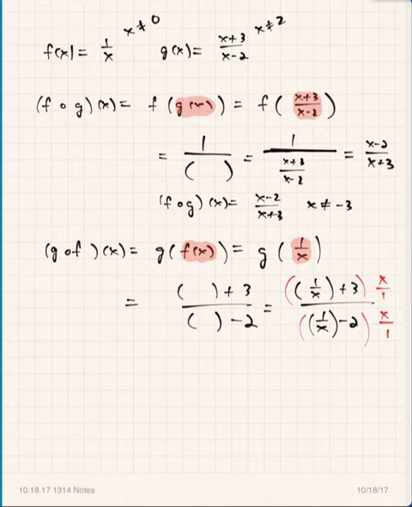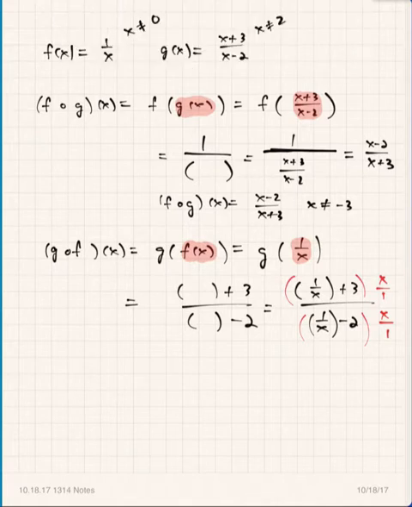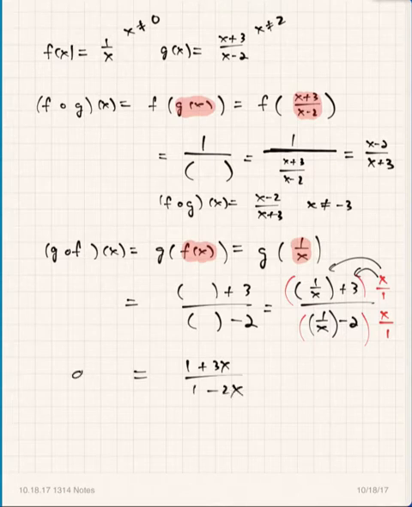So you're really multiplying by 1, which is okay to do. But then when you use the distributive property here to multiply, the x's would cancel. And so you'd end up with (1 plus 3x) over (1 minus 2x). And that would be the preferred form right there, is you try to get rid of those complex fractions if you can. And there's my composition, (1 plus 3x) over (1 minus 2x).